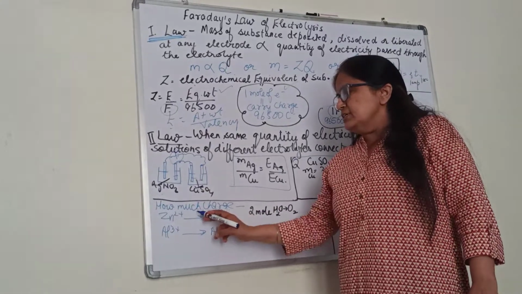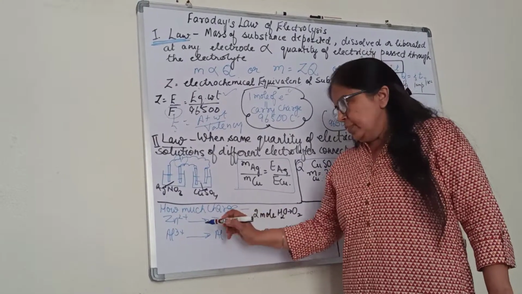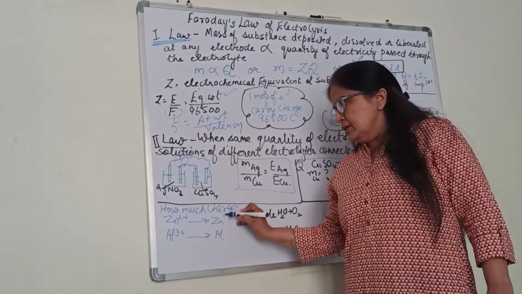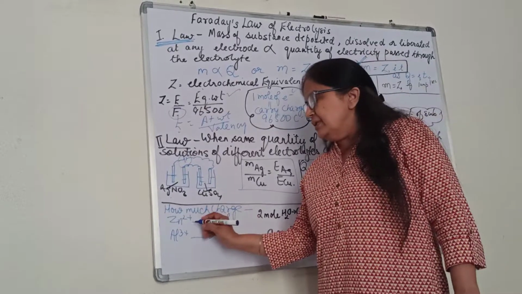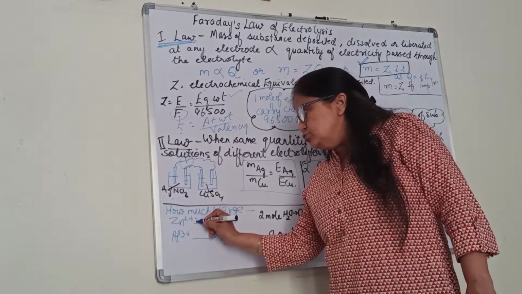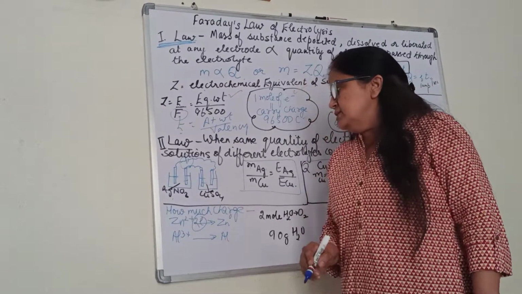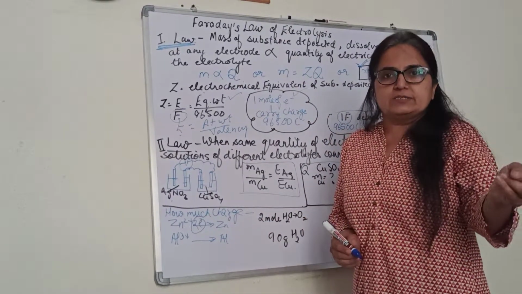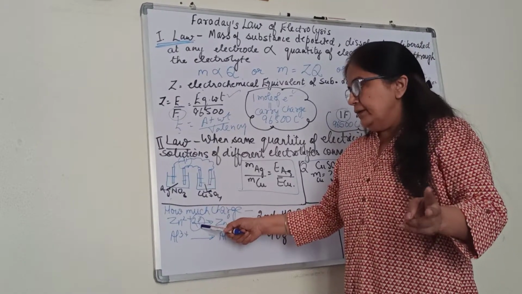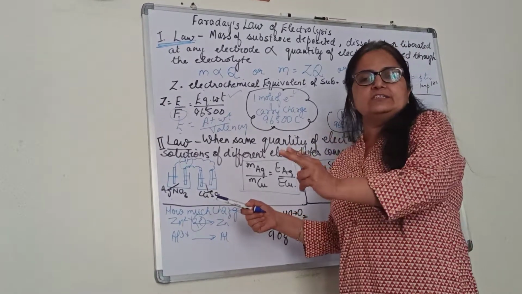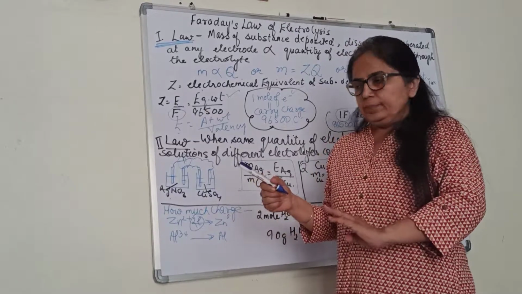We can see the change in the oxidation number. From 2+ this is becoming 0. That means how many electrons we need to add? 2 moles of electrons. 2 moles of electrons means how much charge? 2 Faradays. We can write 2 Faradays, or we can write 2 into 96,500 coulomb.